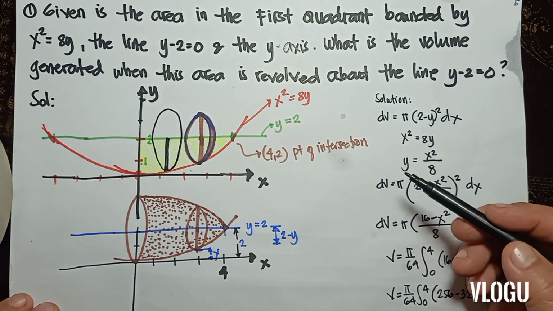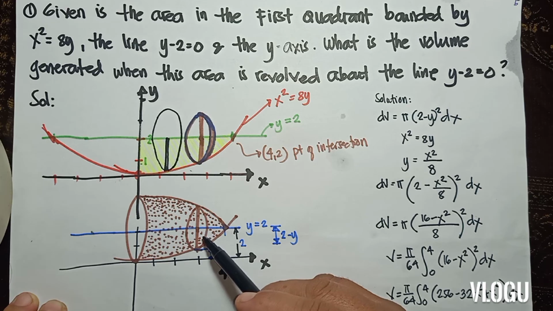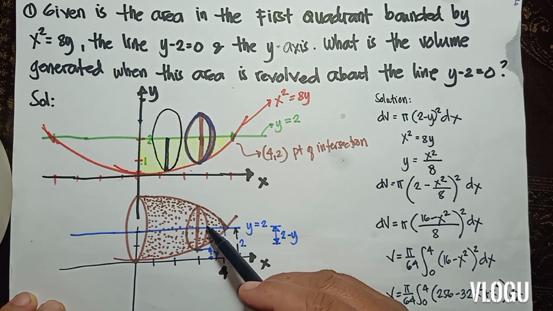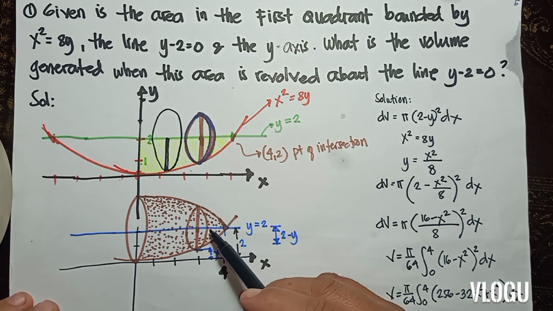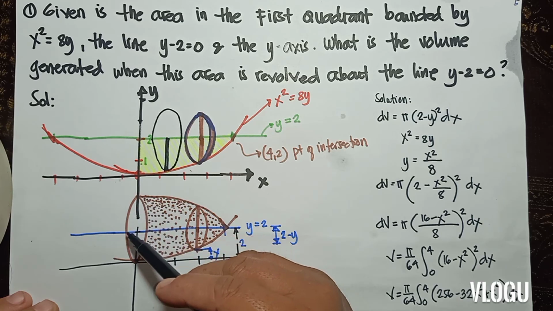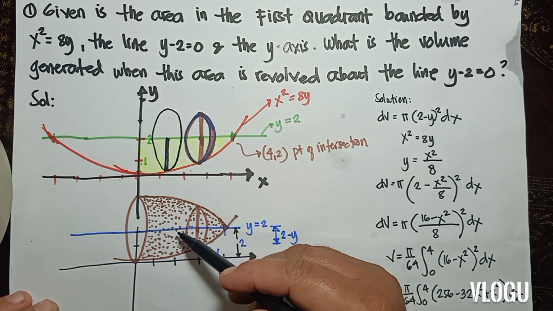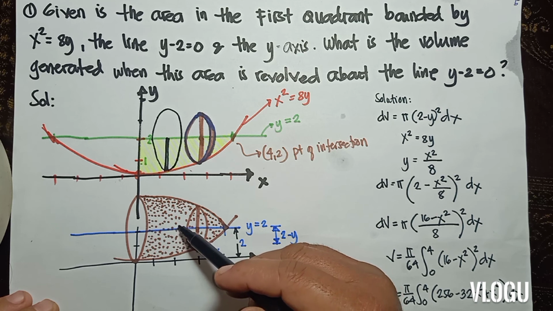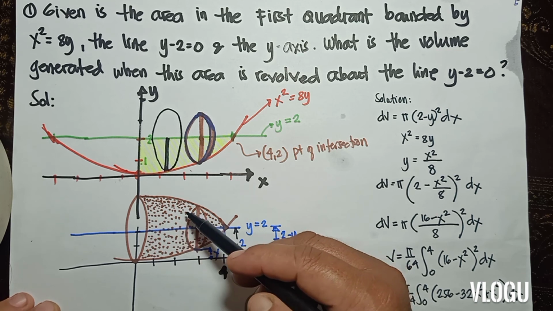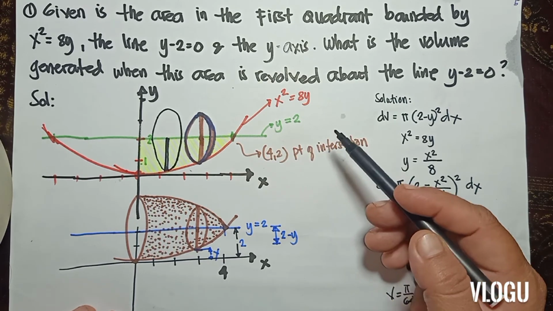So, if we are going to draw the volume that is being formed, if we revolve that about y is equal to 2, you can see it here. This is now the volume that can be formed if we revolve about y is equal to 2. So, look at the boundaries.